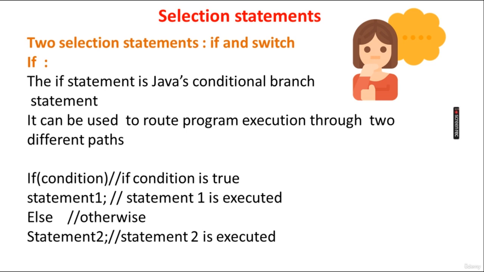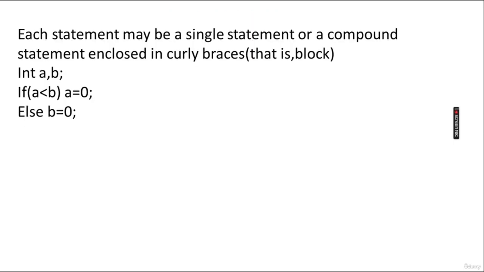So if the condition is true, statement 1 will be executed, otherwise statement 2 will be executed. So this will select which block will be executed. That's why it is called a selection statement.